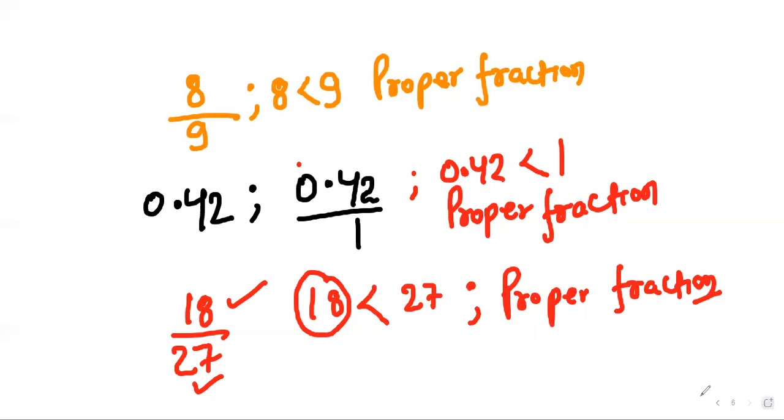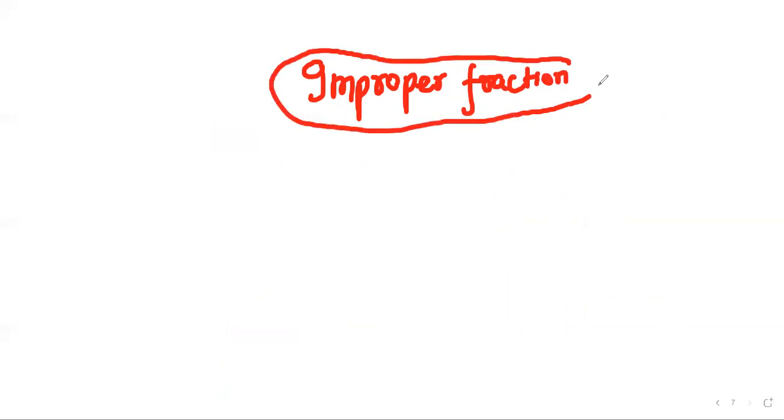Now it's time to go with the improper fraction, and let's see what an improper fraction means. To be honest, proper and improper fractions are opposite to one another. So you can easily say that a fraction which is not proper is improper. That's correct, nothing is wrong in this, but it is not a good way to write the definition.